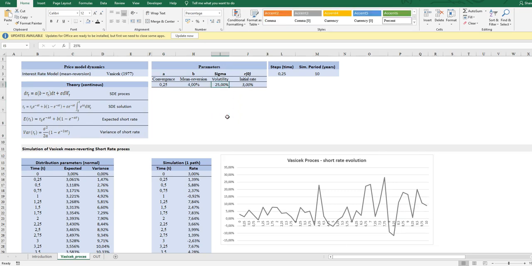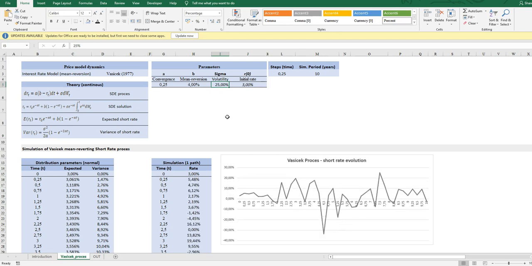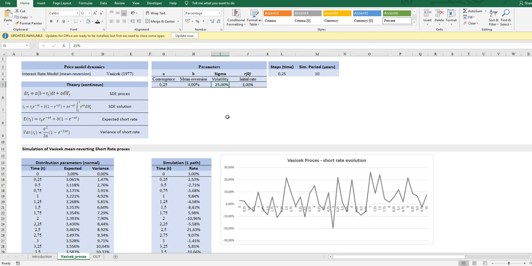Okay. So that's basically the way the Vasicek short rate model works. And perhaps I should just say that even though we call this a Vasicek process, originally it is not Vasicek's defined process, the SDE.